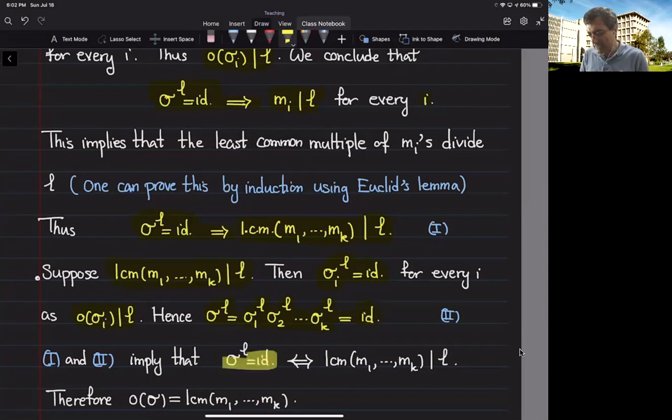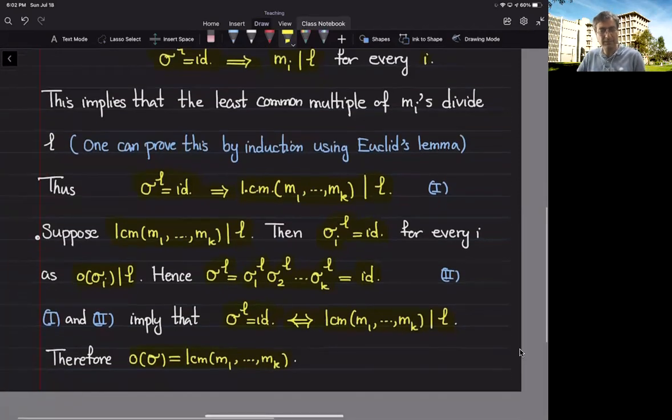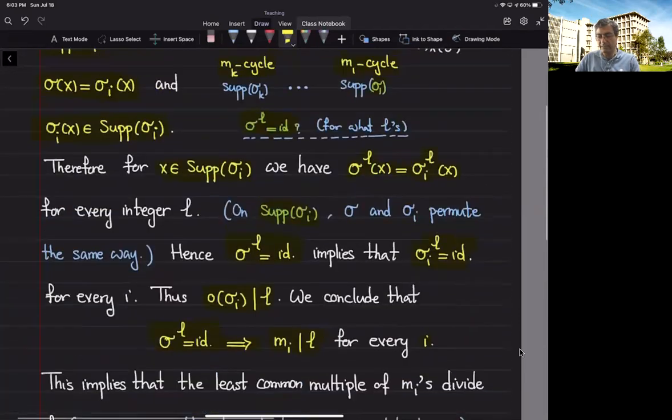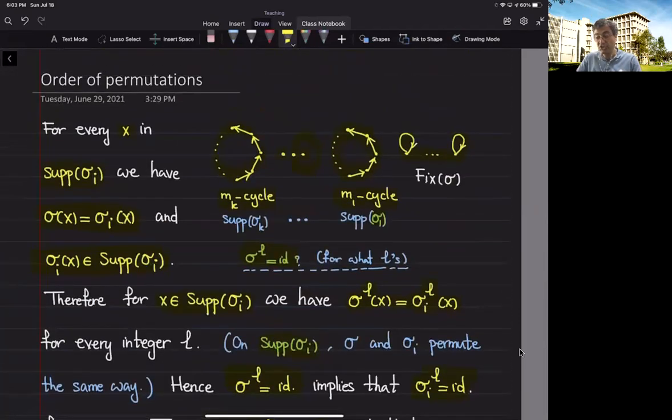Therefore, sigma to the L is identity precisely when the least common multiple of m sub i's divides L, which means the order of sigma is the least common multiple of m sub i's. So if I tell you that a permutation is written as a product of disjoint cycles, the first one is an m1 cycle, the second one is an m2 cycle, the last one is an m sub k cycle, then the order of this permutation is the least common multiple of m sub i's.